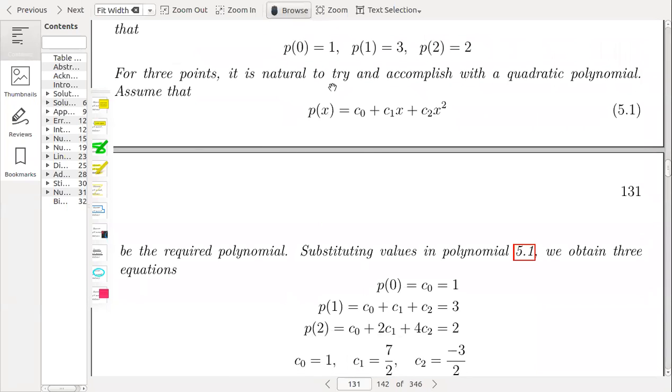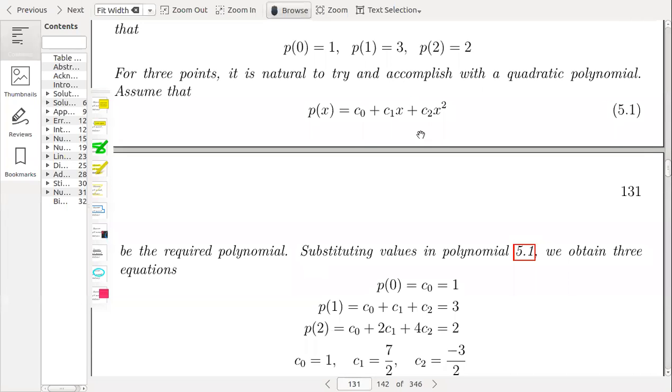And next, we have to evaluate P of 1. So replace x with 1. It will be c1 times 1, which is c1, and c2 times 1, which is c2. So we will have the equation c0 plus c1 plus c2 is equal to 3, because P of 1 is equal to 3.